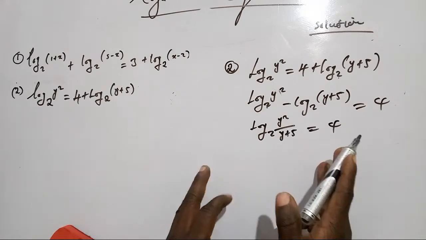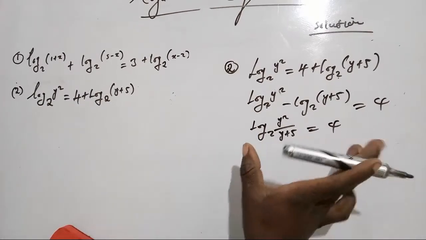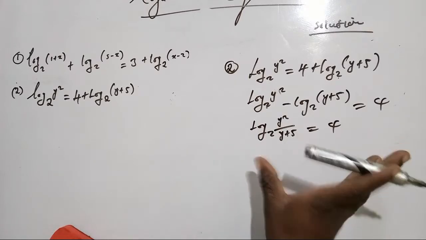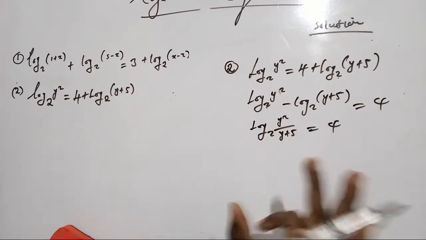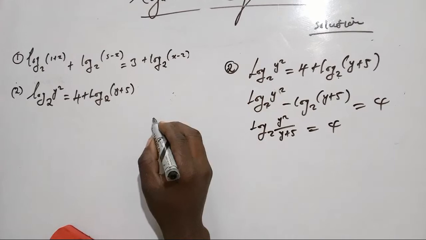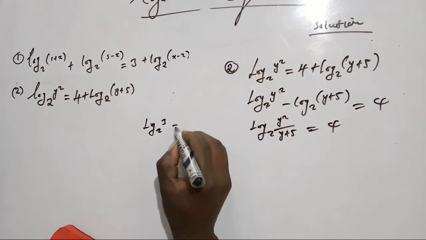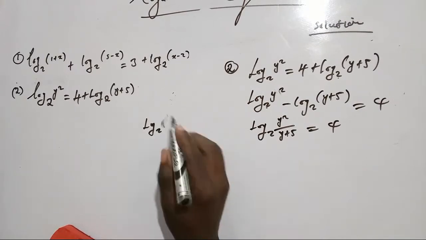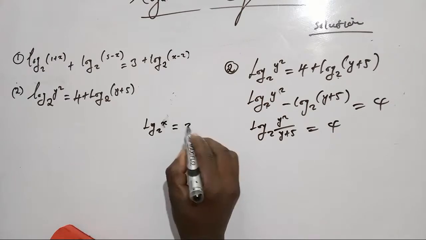If you reach here, like I said, whenever you're having this kind of question, you should take it into exponential. That's when you can find the value of y. So let's take one of the laws of logarithm, which is log 2 to the power 3 should be equal to, let's say here we have x, which is equal to 3.